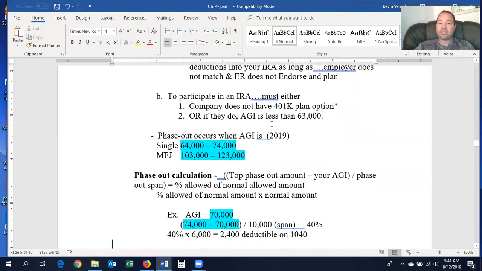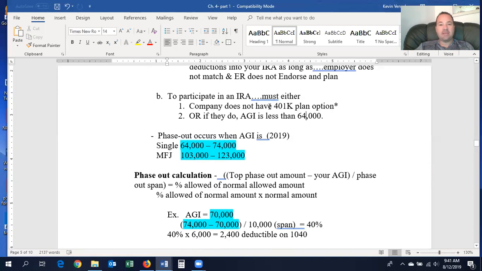All right, not just anybody can participate in an IRA. There are some qualifiers. To participate in an IRA, if your company doesn't have a 401k or similar retirement plan option, then you can deduct into an IRA no matter how much you make.